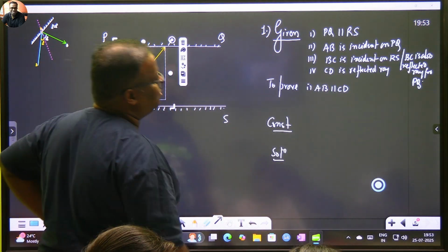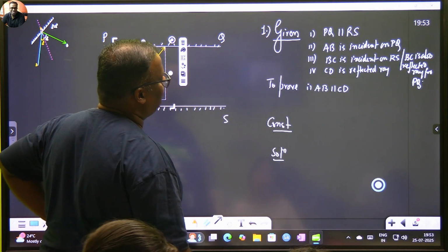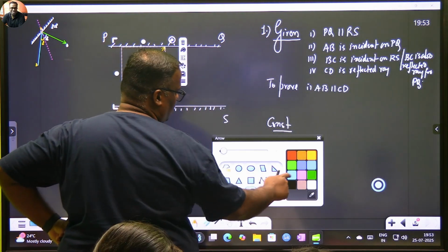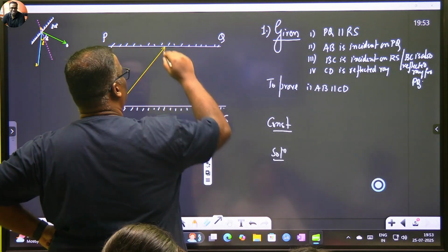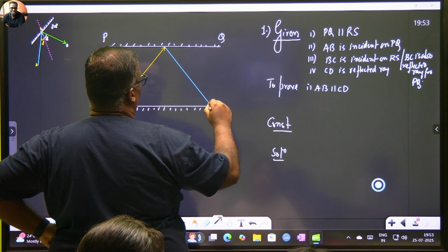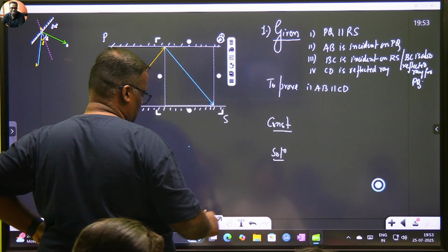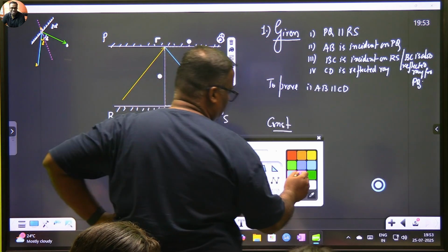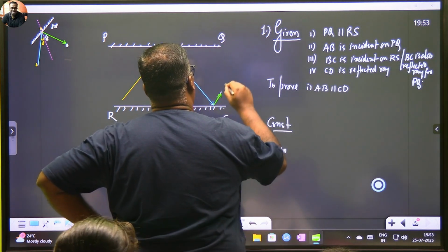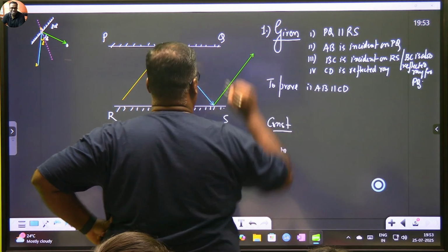And then after that, we say BC is also the reflected ray from PQ, right? So BC is also the reflected ray, just coming like this, right? And then further, this is reflected back, right?